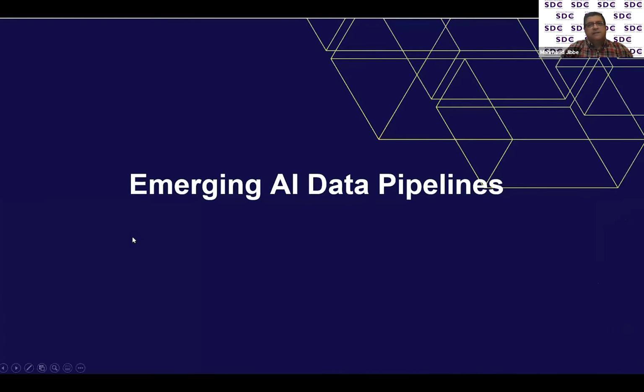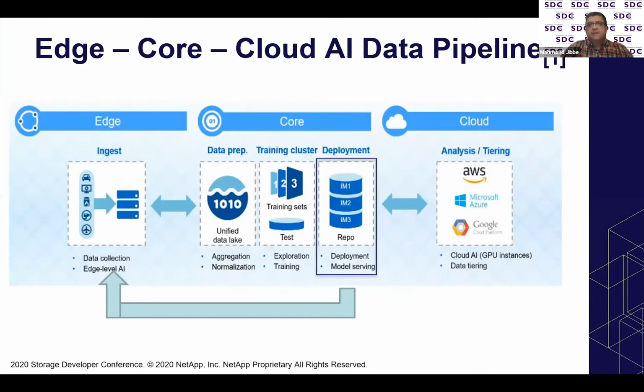So what are the emerging AI data pipelines? The three major blocks of this AI pipeline are the edge device, the core, and the cloud.